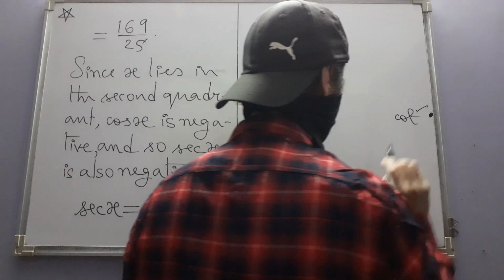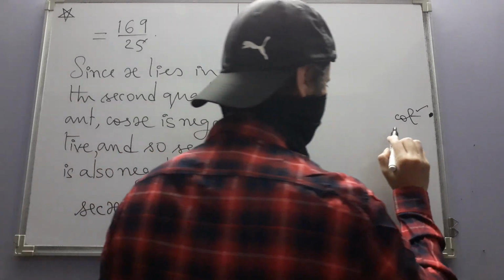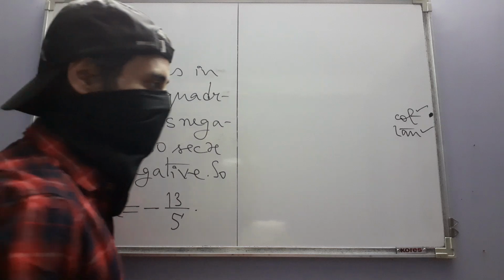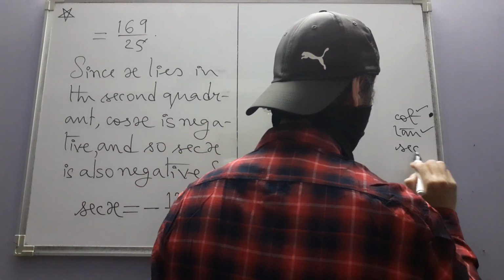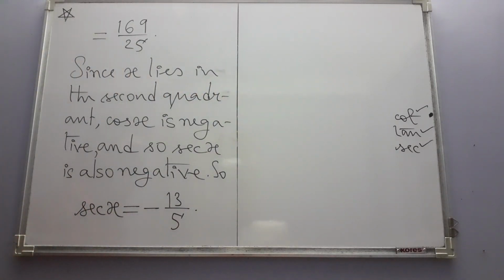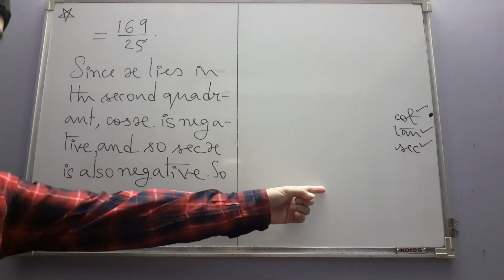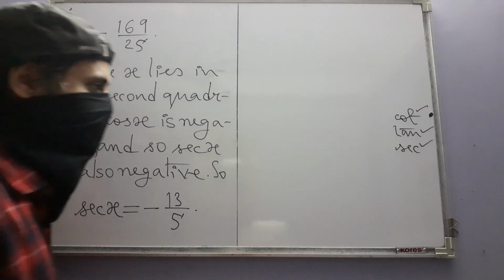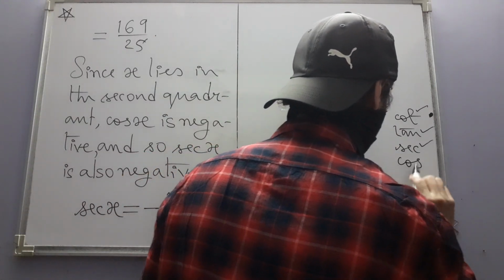Cot is given. Okay. From that you have found tan. After that, just now you have found secant. And now you are going to write cos, because I suddenly thought there itself that I have found cos x, but I did not actually. So now we are going to find cos.